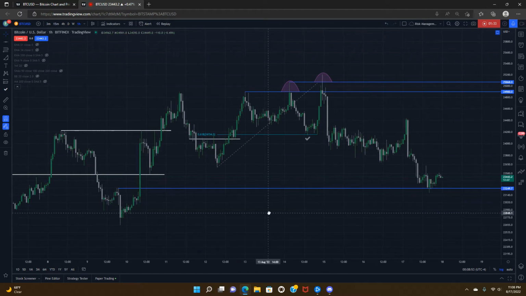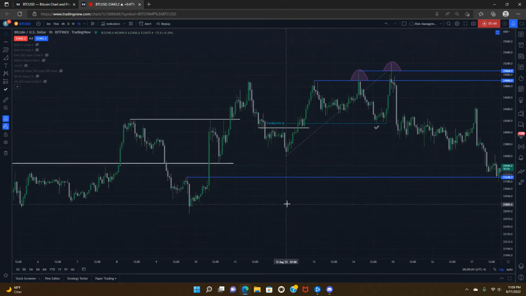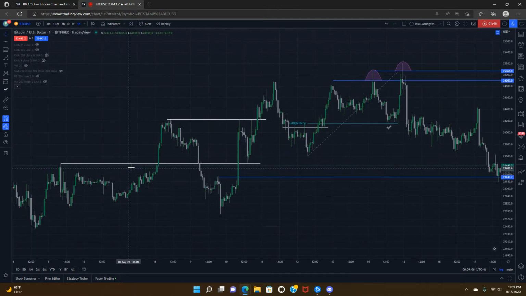And I marked off a little bit of the smaller swings within this several day price swing. So you've got this high right here, price breaks above, breaks down below, then breaks above, tests up to that high, comes down, tests this high right here.